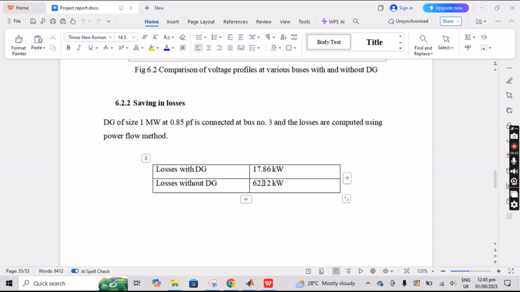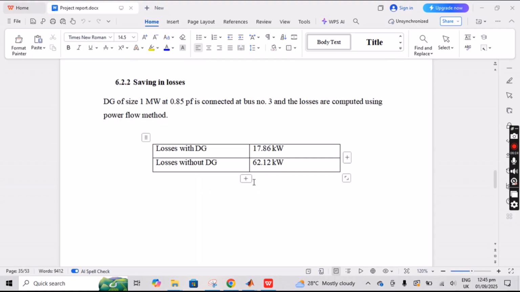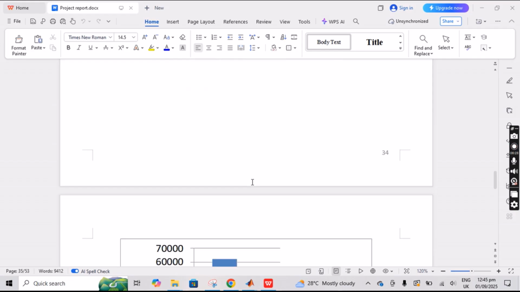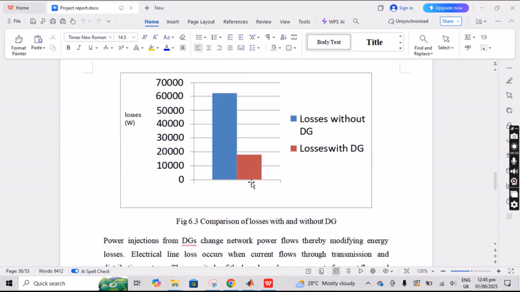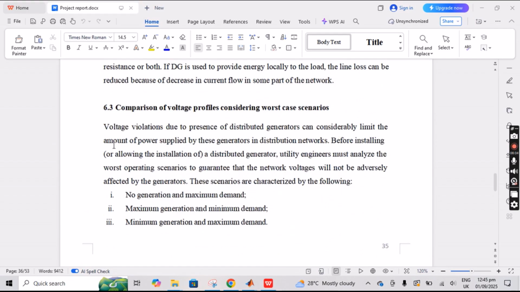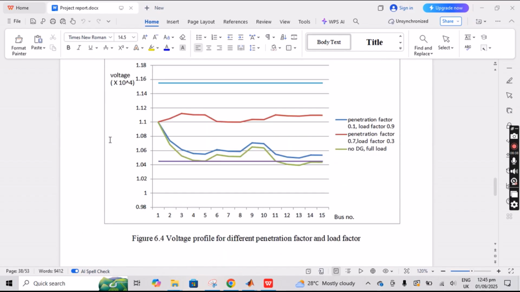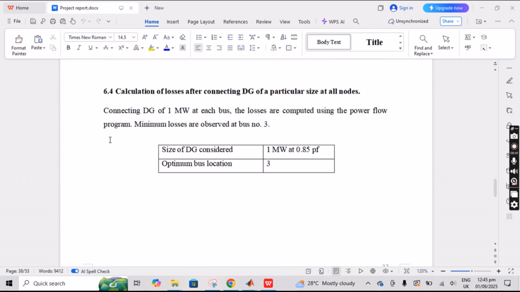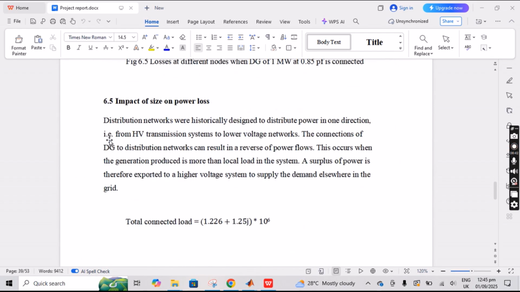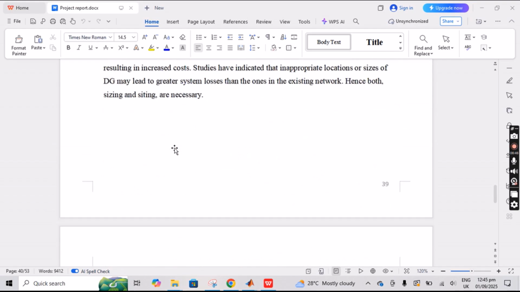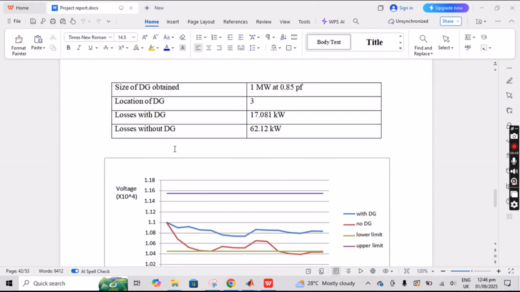It means we have found almost 45 kilowatt of losses to reduce. The comparison of voltage profiles, the tables and everything, the power loss, and the impact of size are added, with all the graphs.